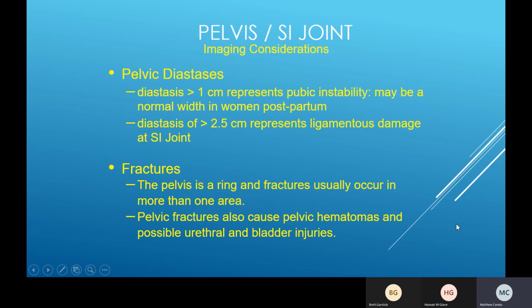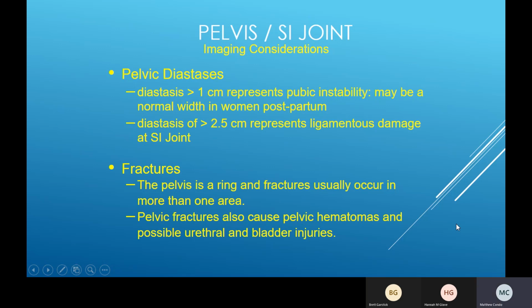When I see fractures, this is a big one to remember. Pelvic fractures typically do not only happen in one place. And the reason is because typically with pelvic fractures, there's going to be an explosion, or an outward force forcing that pelvic ring apart from one another.